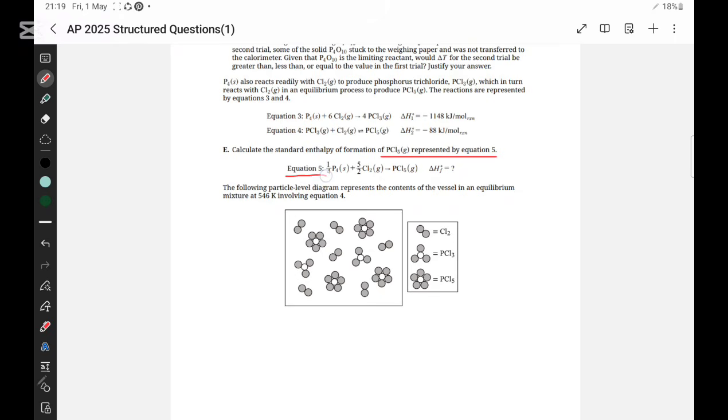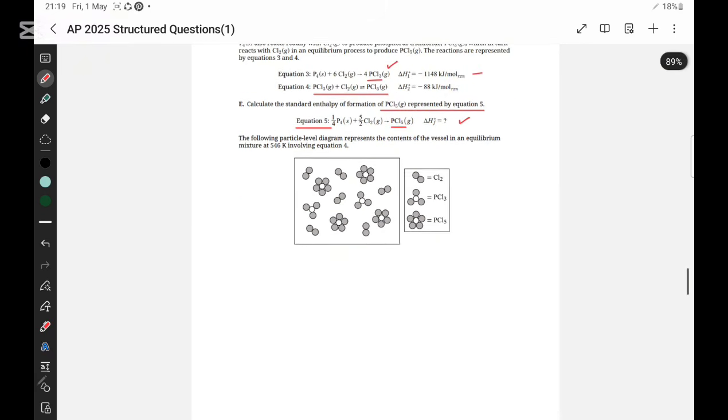We have to calculate the enthalpy of formation for PCl5, and for that purpose we need to choose the equation in which everything is present, with PCl5 and PCl3 both present, because we are given the enthalpy of formation of PCl3 and PCl5 as well. That is equation 4.